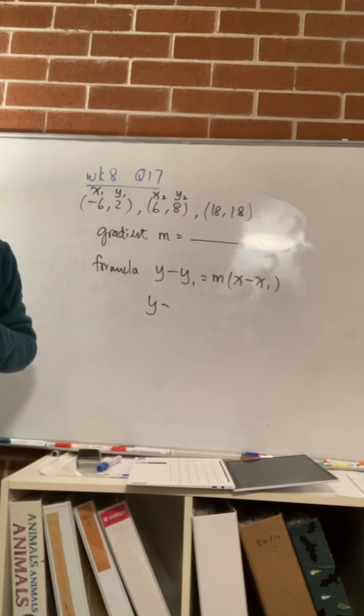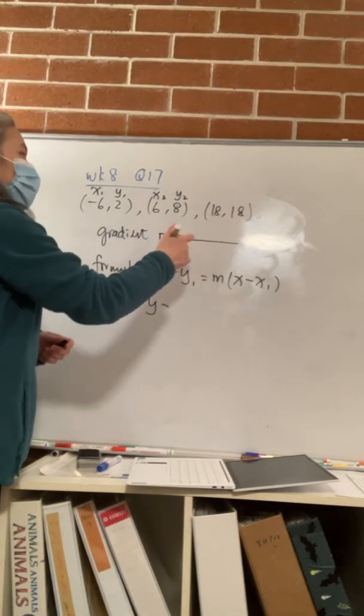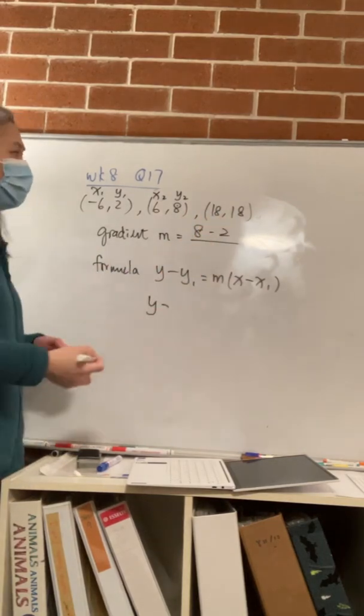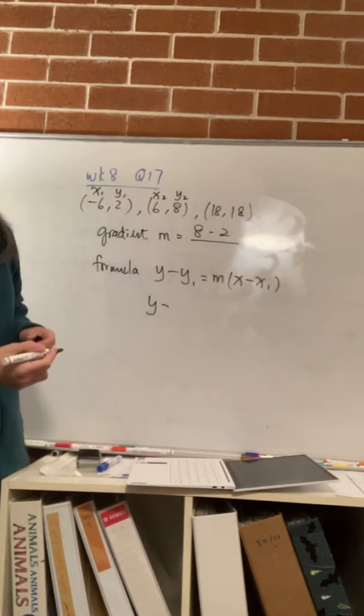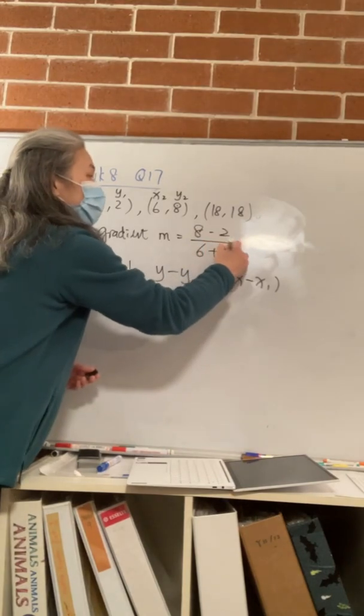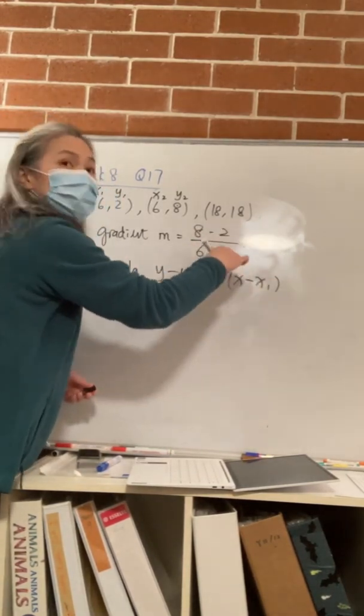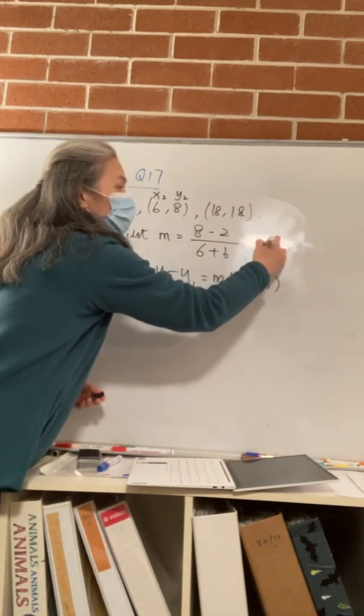I'm pretty sure it's y2 minus y1. Give me as a number: 8 minus 2, and 6 plus 6. That will give you 6 on 12, right? Agree? I'm going to write 1 on 2.